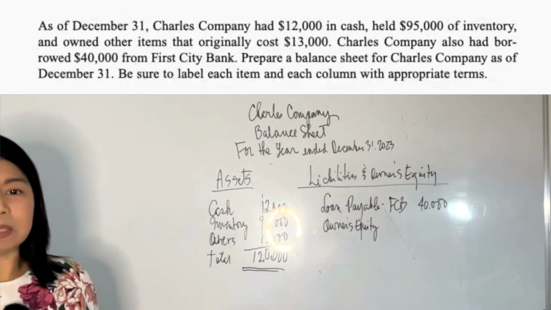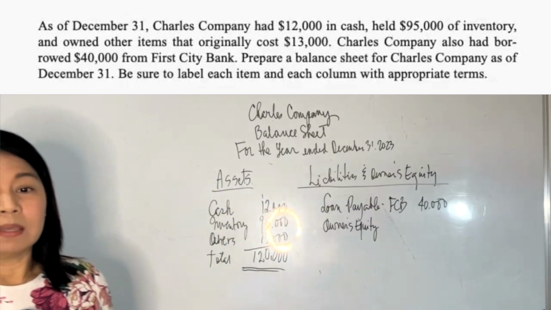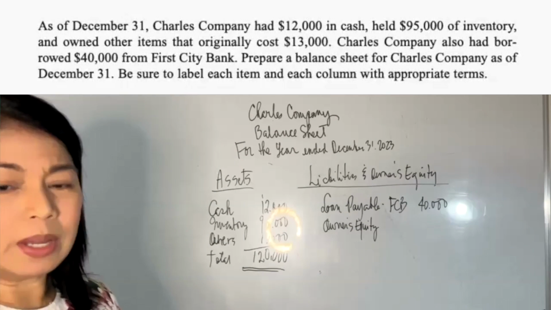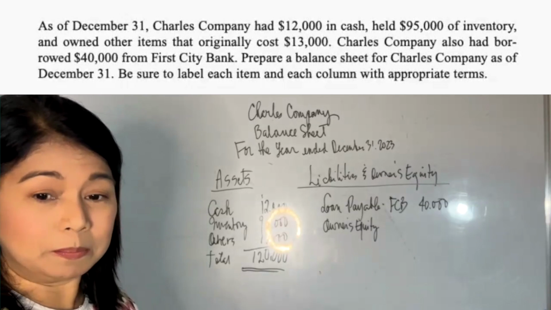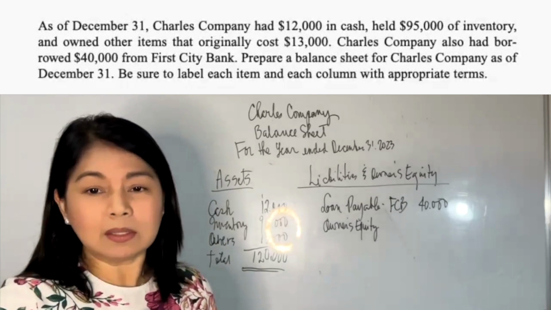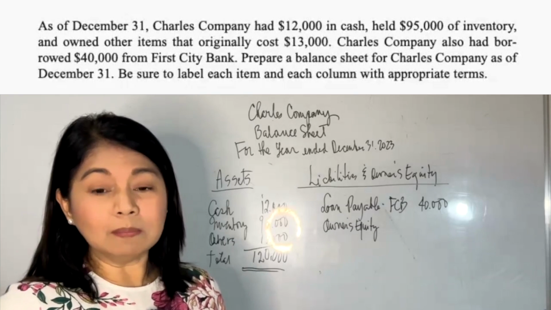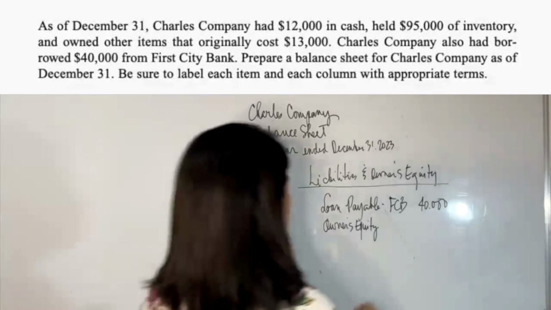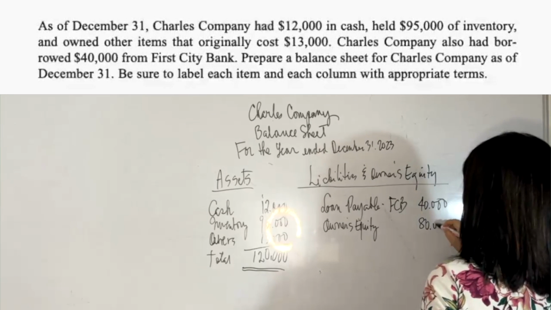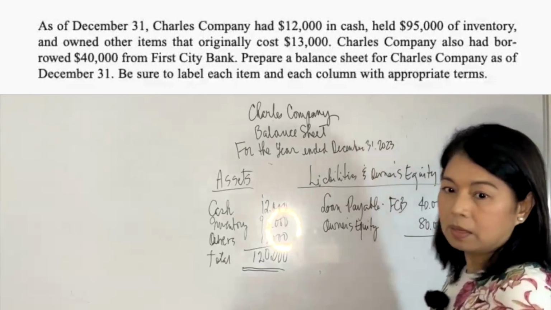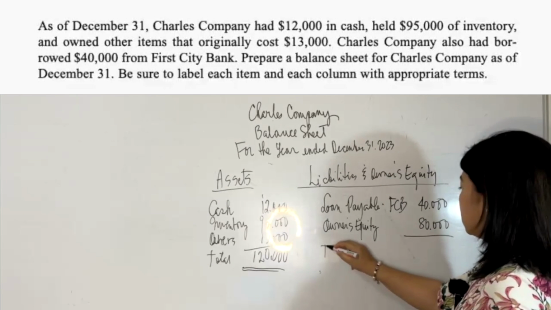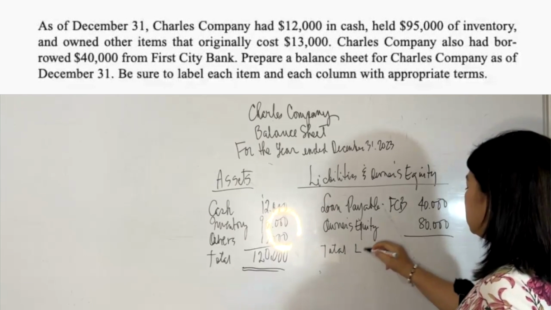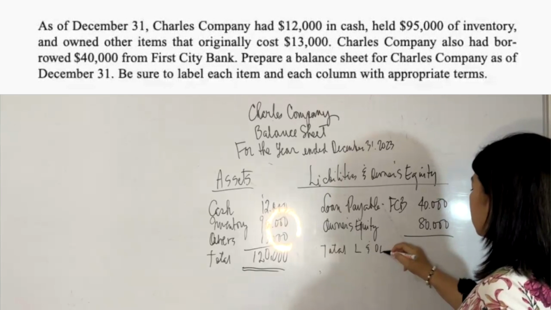So how much is the capital? You can actually put something in the chat, okay? I think it's better if you put in the chat because the internet connection might be delaying your answer. You're putting your audio on. Okay, so the balance is 80,000, correct? Correct, RM. So this is total, we can just say total liabilities and owner's equity.